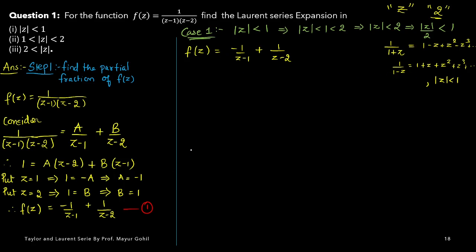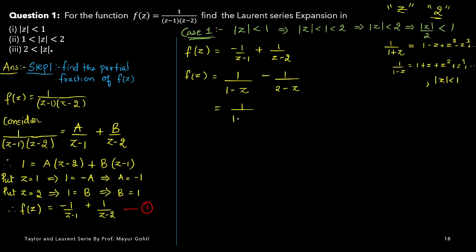So I am now trying to write f of z as 1 upon 1 minus z, where the minus sign can be pushed down. Then the 2 I can write down here as minus 1 upon 2 minus z. And what I'll do further is take 2 common.